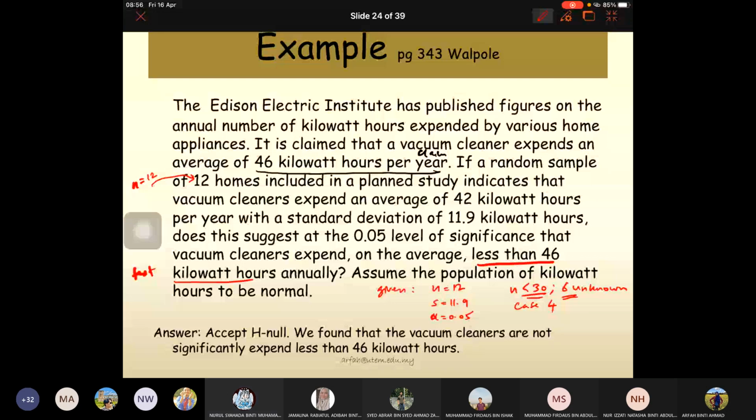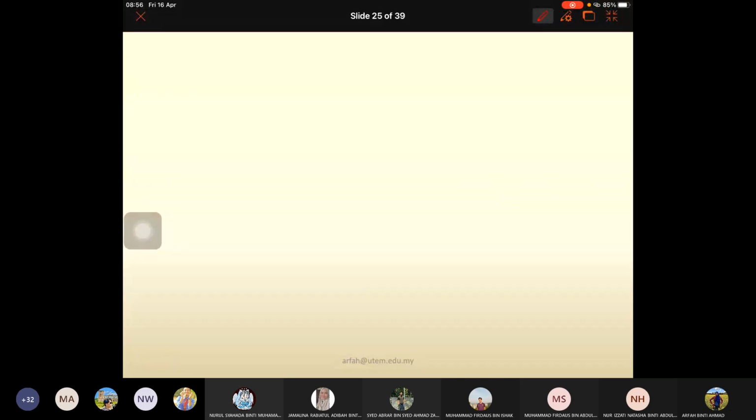Okay. So dia punya claim adalah is it true that on average it will take less than 46 kilowatt hours. Okay. So, step pertama, the hypothesis testing. Given n sama dengan 12, x bar sama dengan 42, dan s sama dengan 11.9.